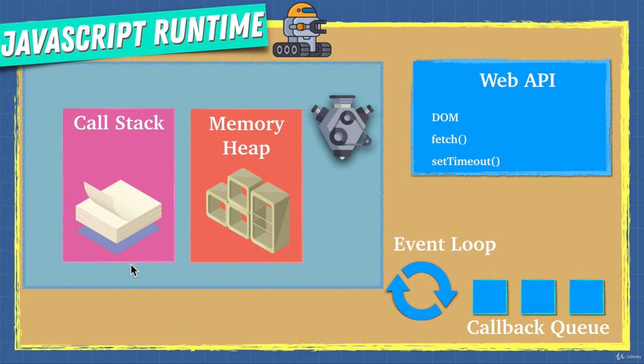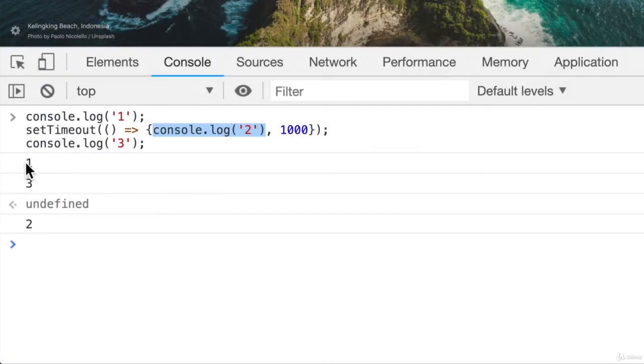In our case, console log 3, no matter how fast the web API responds, adds the console log 2 to the callback queue, the event loop won't start putting anything back into the call stack until the call stack is empty and we've run through the entire file at least once. So in our case, after console log 3 gets printed and popped off the call stack, the event loop is going to tick and say, all right, can you console log 2? And that's why we get this weird pattern.